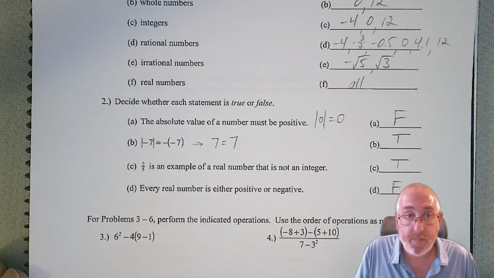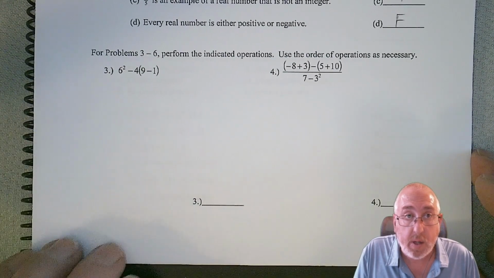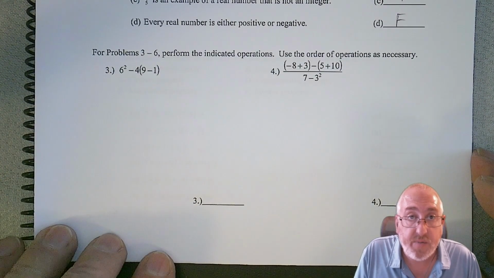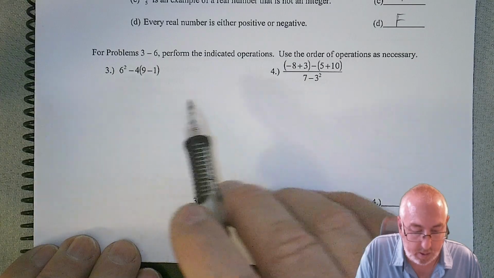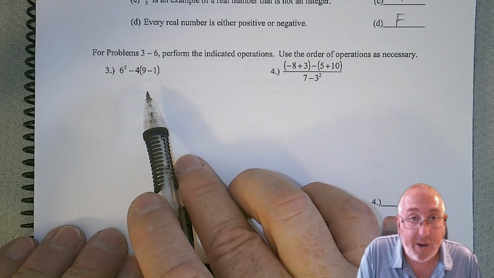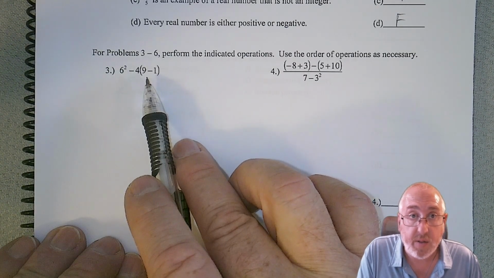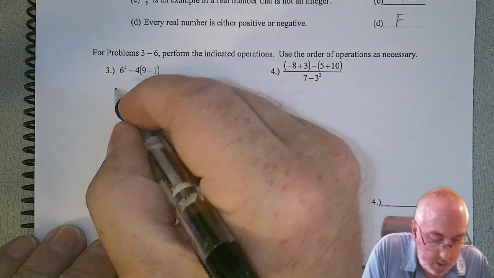All right. So now, let's get into these last two on this first page, and then we'll put the next page in the next video. So, order of operations. Now remember, biggest thing to be careful about is the order. And the first thing on the list should always be parentheses.